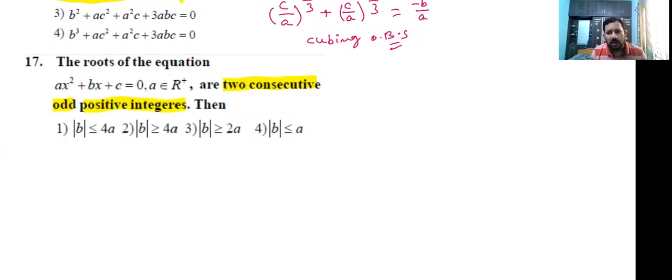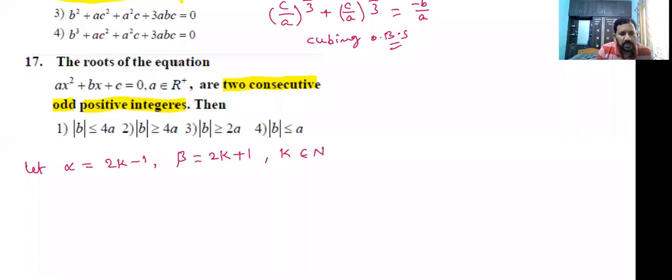That means let one of the roots be 2k minus 1. Another root is 2k plus 1. What is k here? k belongs to natural numbers. 1, 2, 3. Any natural number substitute here. You'll get two consecutive odd positive integers.